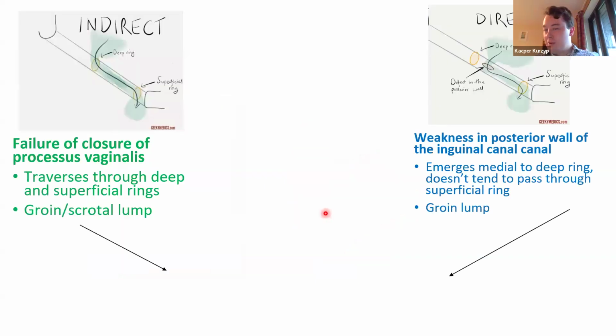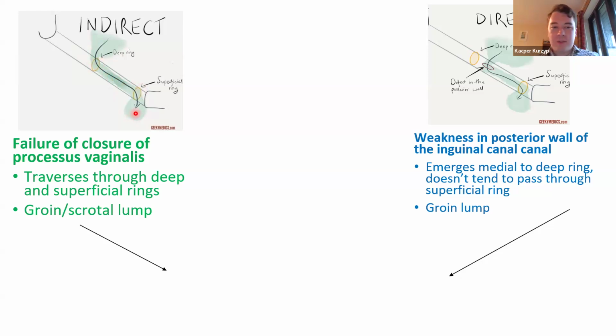Now, the key two types of inguinal hernia that you may get asked about are the indirect inguinal hernia and the direct inguinal hernia. Indirect is caused by the failure of closure of the processus vaginalis. So the herniating viscera, your herniating bowel, will enter through what was, in the developmental period, the physiological opening, the deep ring, go through the canal and exit at the superficial ring.